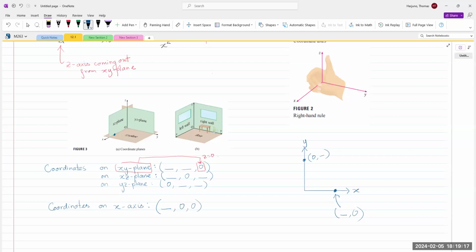Right? Does it make sense? A coordinate on the y-axis means the x is 0, the y is unknown, the z must be 0. Likewise, any coordinate on the z-axis must have the x and the y components be 0.